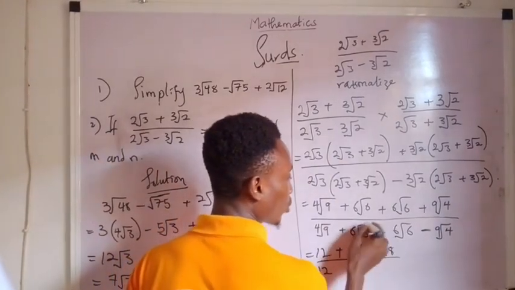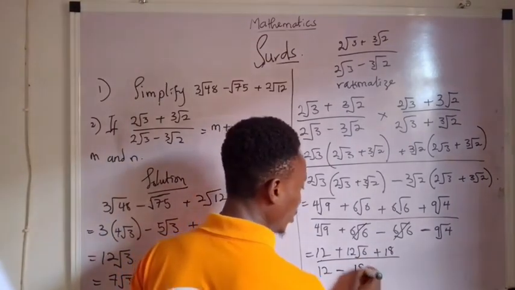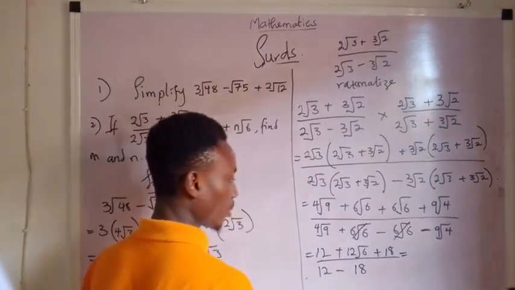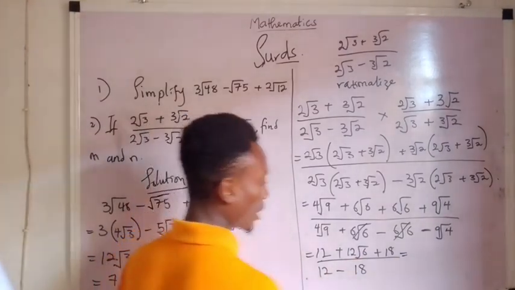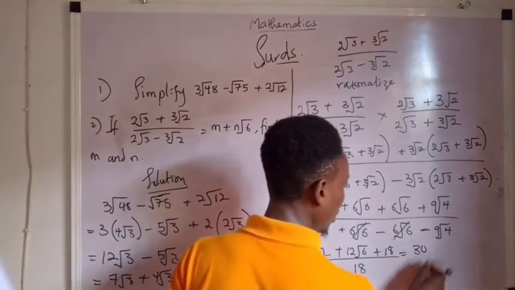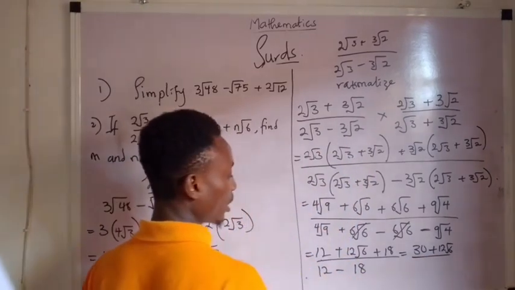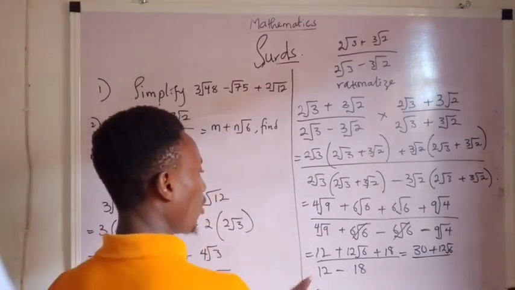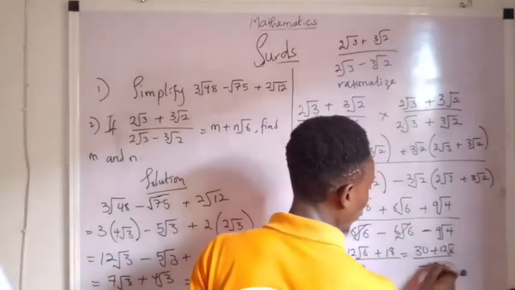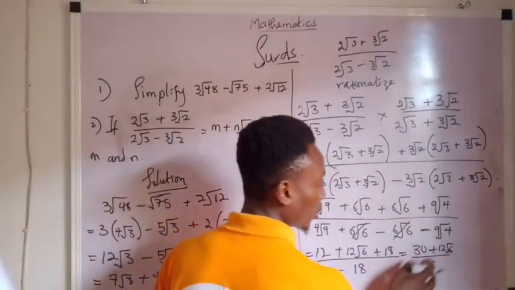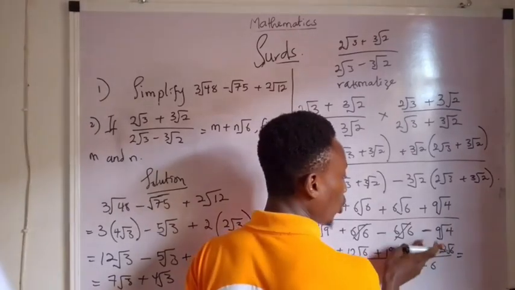This minus this we cancel out, right? Yes. We now have minus 18. So we have 12 plus 18 will give us 30. 30 plus 12 root 6 over 12 minus 18. 12 minus 18 will give us minus 6. Now, we can actually factorize what is here. 6 can actually go in 30 and 12.